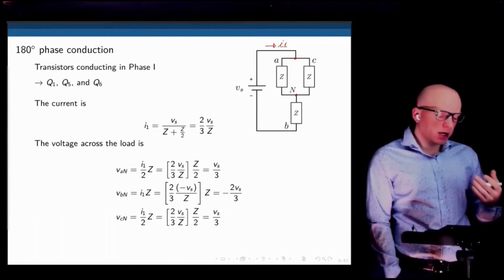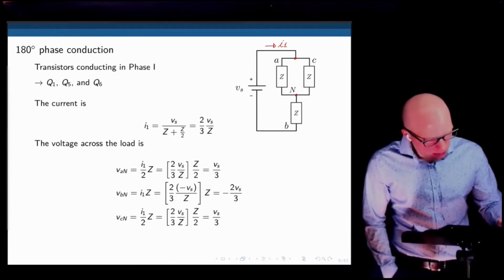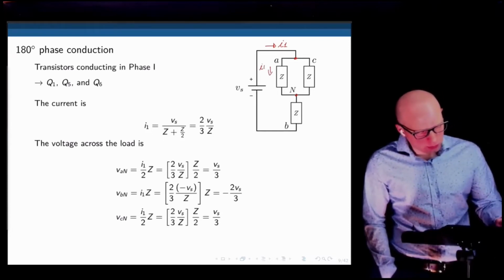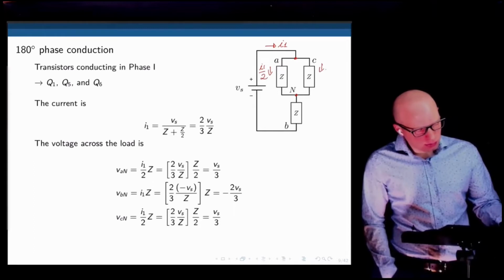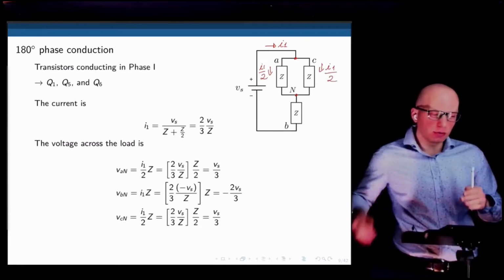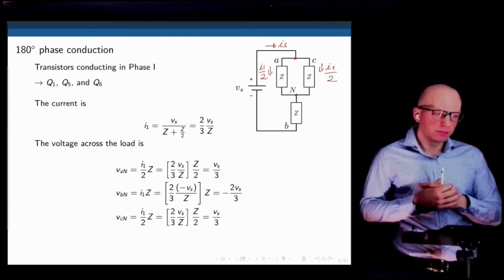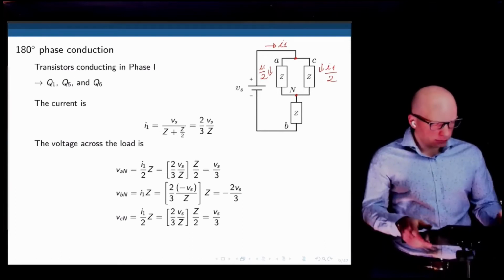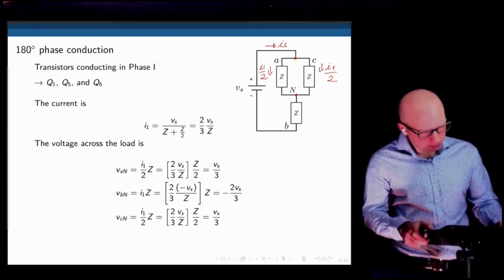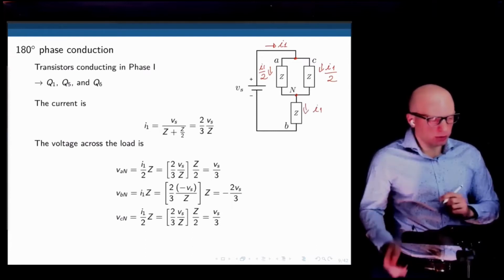It is simply the current that passes through A, which is I1 over 2. The current passing through C is also I1 over 2 because they are in parallel. And the current passing through B is simply I1.